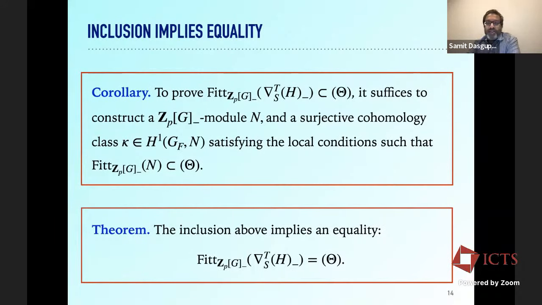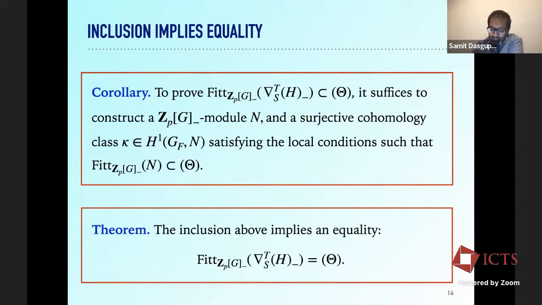Now, this is kind of a lemma. Actually, sorry, before I state the theorem on the bottom, let's talk about the top. So what does it mean? If we want to prove that the Fitting ideal of nabla is contained in theta, then the previous slide says what we need to do.